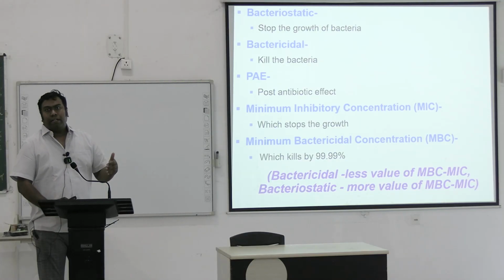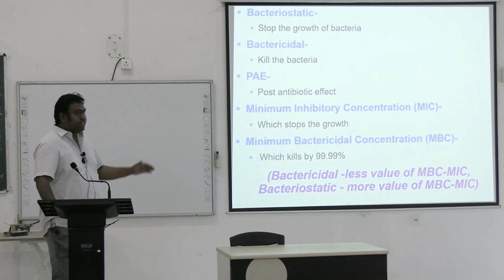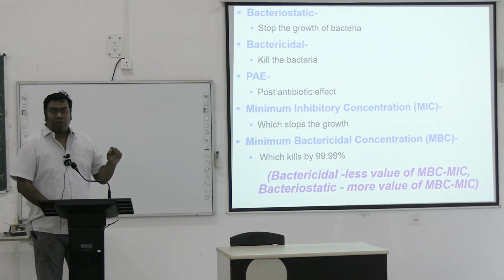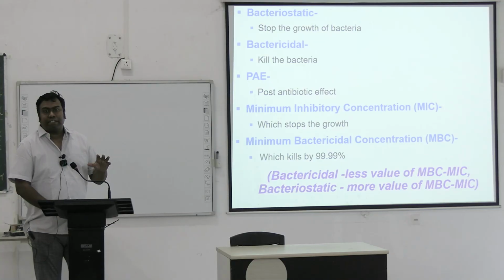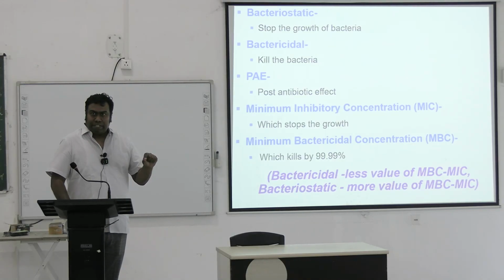How can we classify it? We can classify it from the MIC and MBC. MBC means the minimal concentration where 99% of the bacteria are killed, whereas MIC is the minimum concentration of the drug that inhibits the growth. The difference between MBC minus MIC, if it is small, the agent is considered bactericidal.